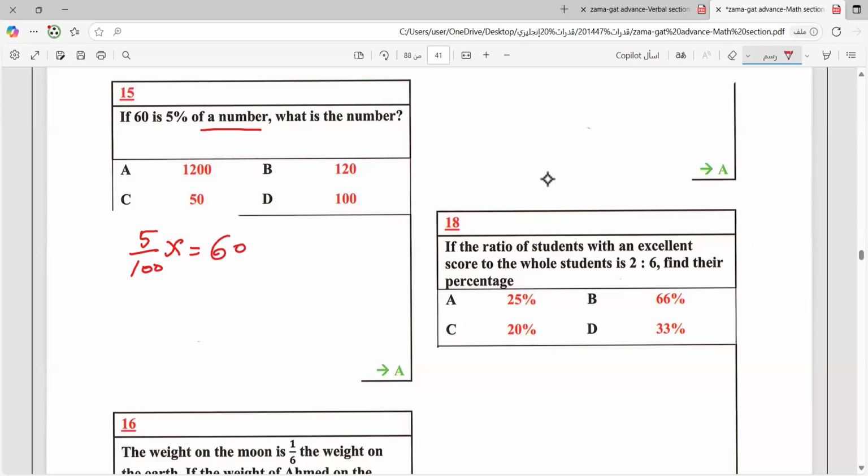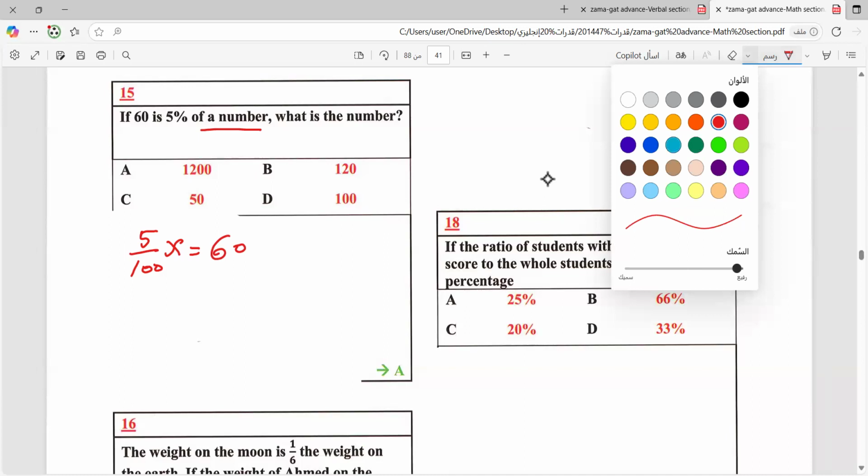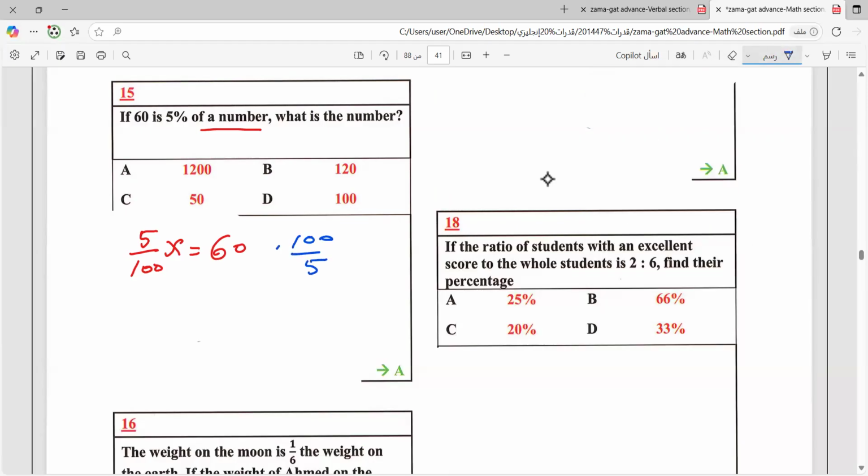So basically 0.05x equals 60. So we divide 60 by 0.05. Here, we multiply by the flip of the fraction. So you multiply by 100 over 5. You simplify, it will be 12, so the answer is 1200.